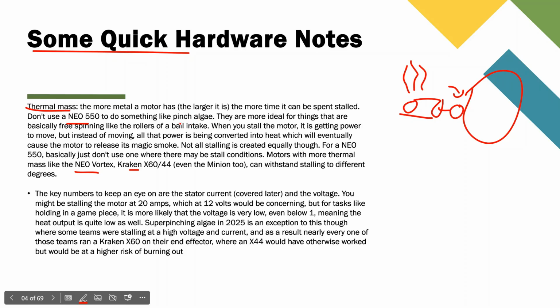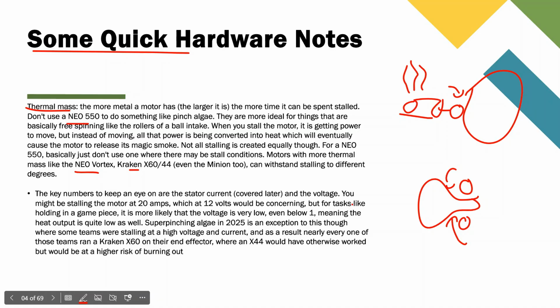In 2025, we had a big old ball, and a lot of teams would have a motor here and a motor here, and they would suck in the ball like this, and this caused a lot of stalling to happen because these motors are being really pushed to their limits to compress this ball that does not want to be compressed.